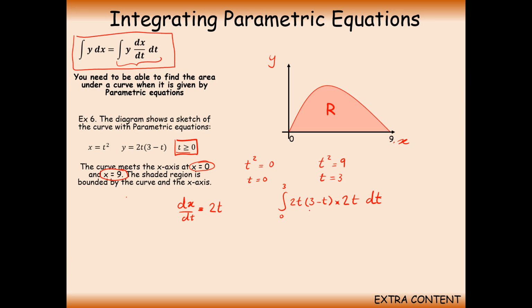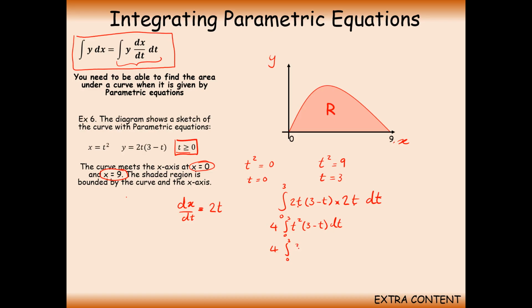Multiplying out the factors, we will have a factor of 4. Let's pull that outside the integral. t times t is t squared, and I'm just going to write these so I don't make any errors. One more time.